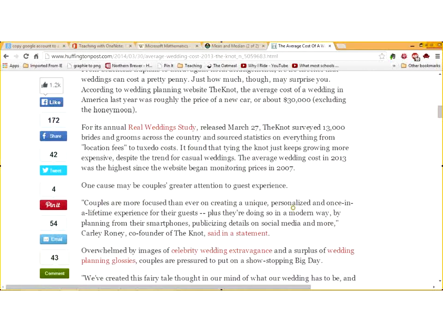So you might wonder why they would use the mean. Well, look, again, it's a wedding planning website. It certainly behooves them to encourage people to spend more on their wedding, not less. So you always have to look at the source of the data. And that's an important point.